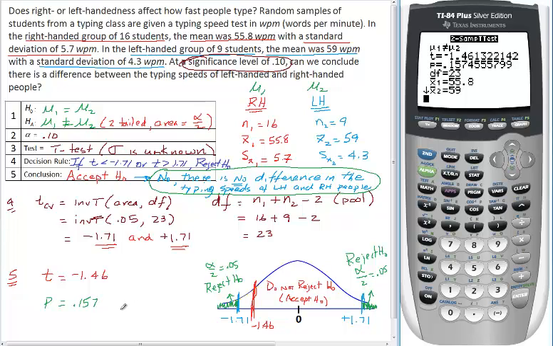Now remember, when p is greater than alpha, that is another test to accept the null hypothesis, which it is in this case. So 0.157 is greater than 0.10. So there's nothing in this test that tells us the typing speeds are different. We've concluded there is no difference between left-handed and right-handed people when it comes to typing speeds.